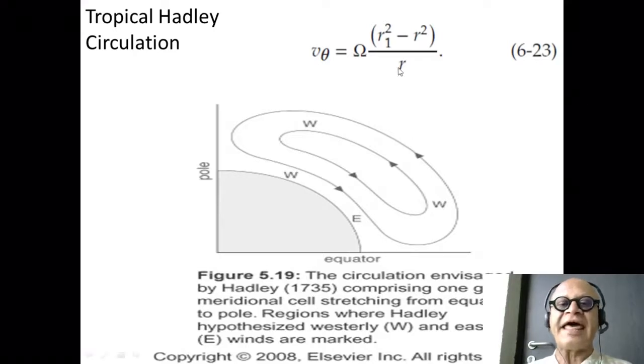We did this analog in the lab experiment. We rotated the water tank and we released water at the edges with omega R1, the rotation of the tank, and the water parcels do not exactly follow the speed of the water tank unless it's in a solid body rotation. Right? In a solid body rotation, this entire system is moving together.